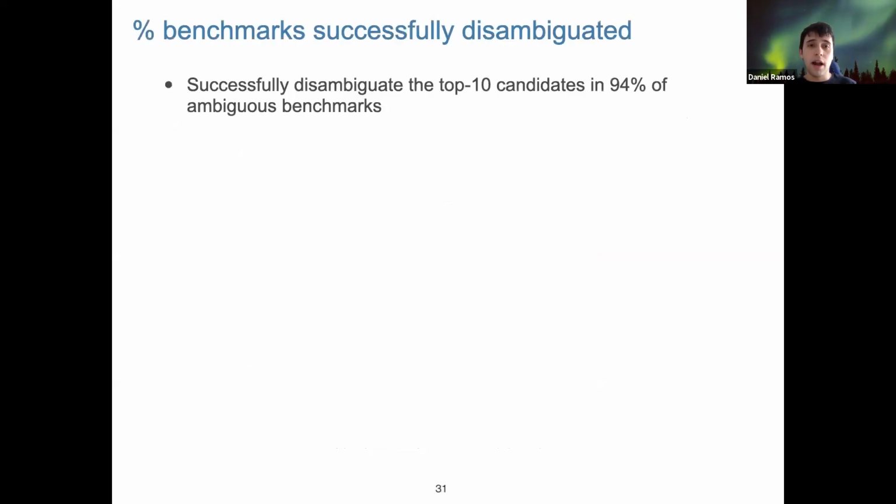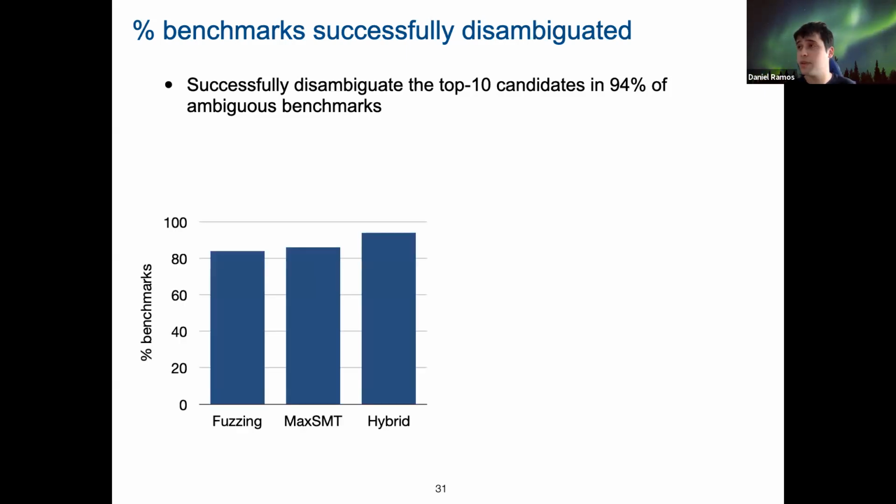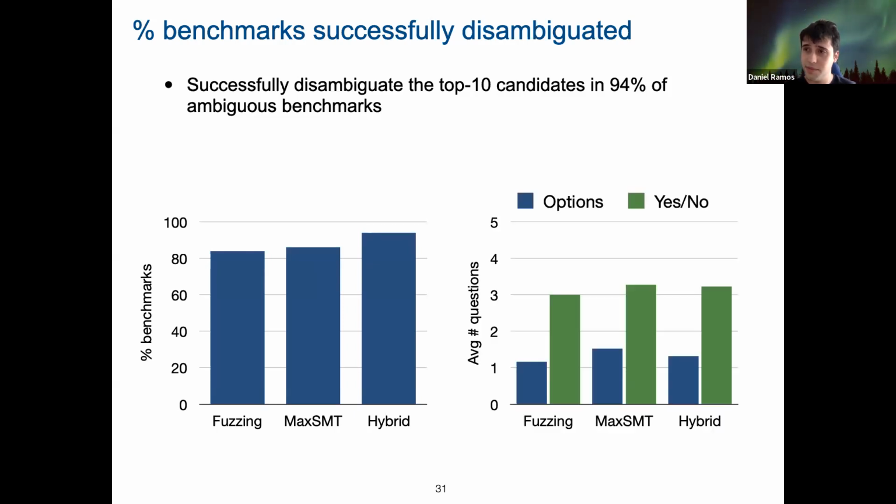And for the percentage of benchmarks we successfully disambiguate, we can successfully disambiguate the top 10 ranking programs in 94% of the ambiguous benchmarks. Using the 3 methods that I mentioned earlier, with fuzzing we can disambiguate, I think, roughly 84% of the benchmarks, and the best approach, which is the hybrid, gets the 94%.